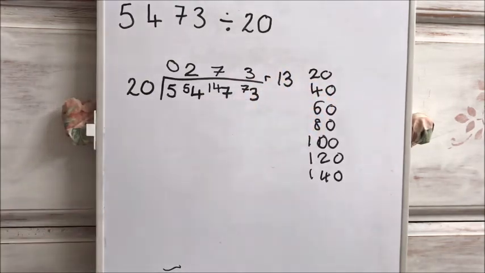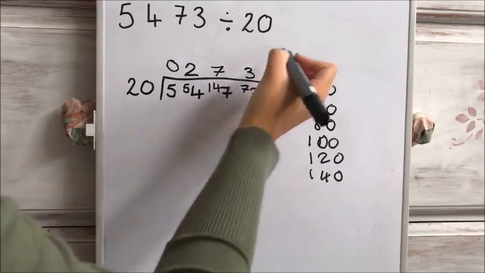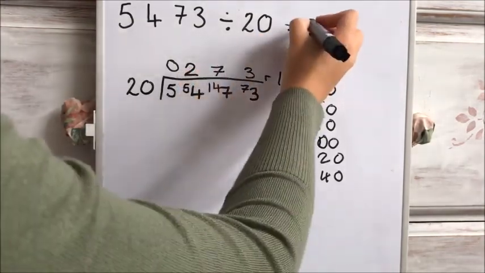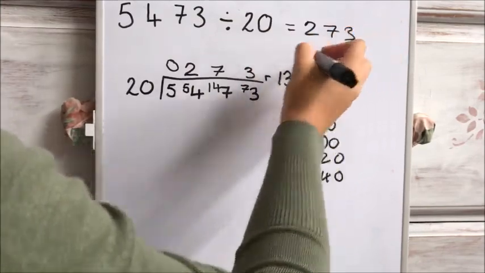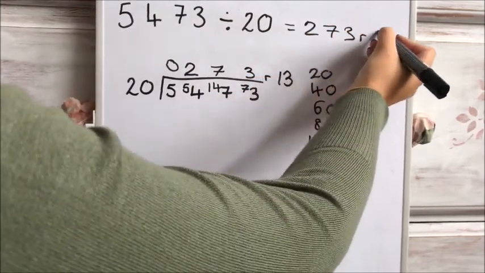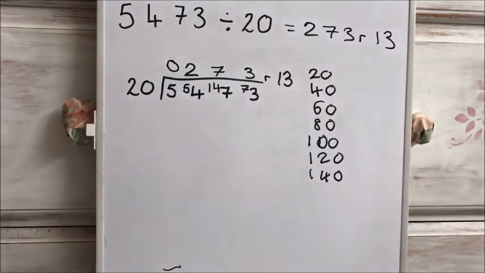So now we know that our answer is 273, little r for remainder, 13. So the answer to 5,473 divided by 20 is 273 remainder 13.